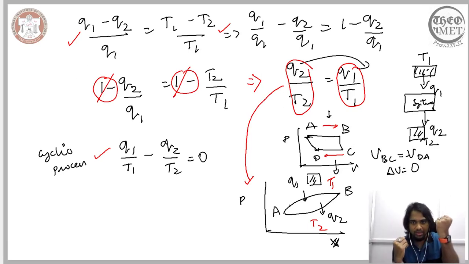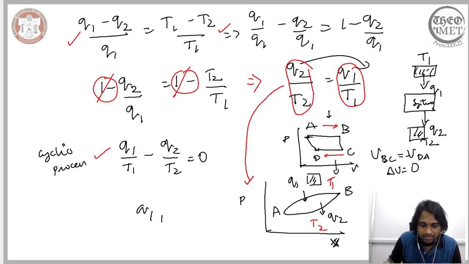Heat Q1 is the heat input, and the change that occurs by the heat input Q1 is described by Q1 by T1, and whatever change occurs by the heat output Q2 is nothing but Q2 by T2.